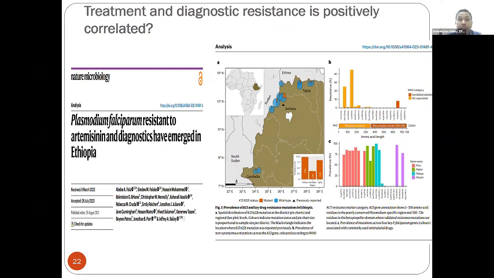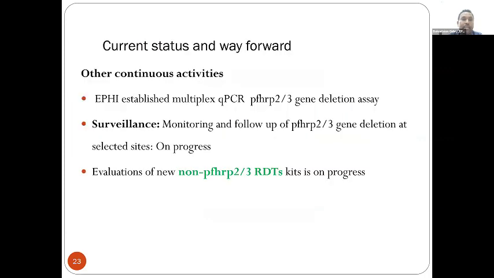Again, we are going to confirm whether it is related to clinical patients, since the marker is related to partial resistance, but still the drug is working in Ethiopia, especially the artemisinin part. We are ongoing to confirm whether the prevalence of 622I is related to the clinical outcomes.